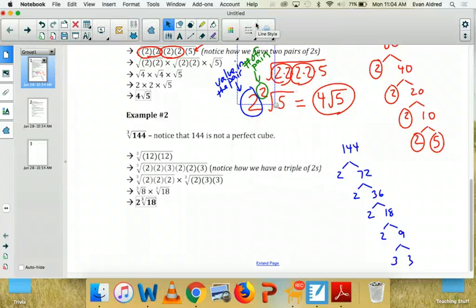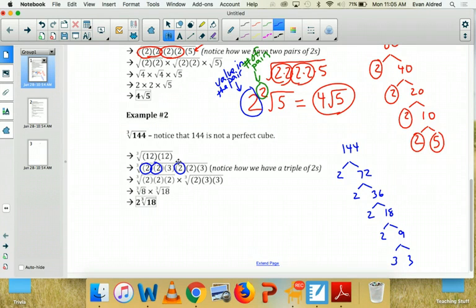Now what we're being asked to do here is to write out our prime factors under the radical sign and to group any triples that exist. So you'll notice that it's 2 times 2 times 2 times 2 times 3 times 3. Well, we do have a triple. We have 3 2's. So we'll write that as cube root of 2 times 2 times 2. And we multiply that by the cube root of 2 times 3 times 3. That's just what's left over. That's what isn't part of a triple.